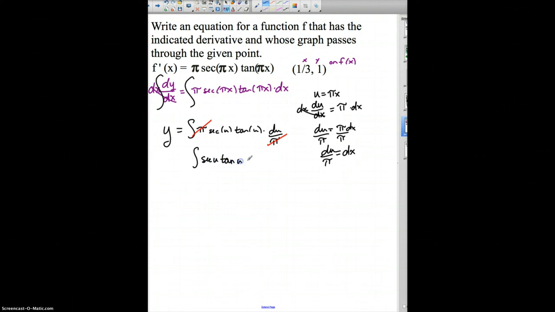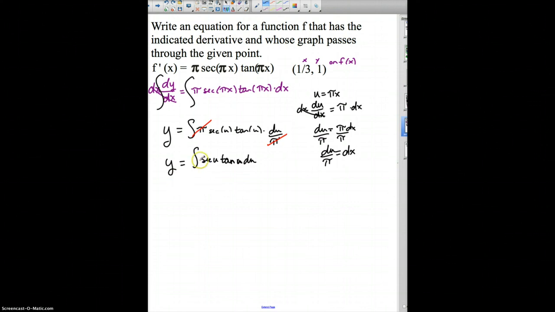du. At least all the variables are gone, all the x's I mean, so I don't have to do my special step 3b. But what's the integral of secant u tangent u? We still seem to have a product, right? But remember, the integral of secant u tangent u, that's actually one of our derivative formulas.